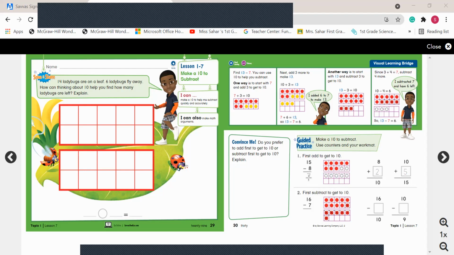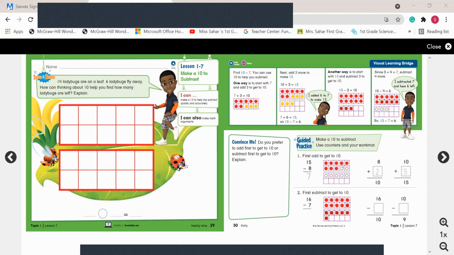15 take away 8. So what we're going to do, you're going to make 10. So that's what you have, your 8. And then you're going to add 2, and you made it now 10. So now you have 10 frames. And how many left? 1, 2, 3, 4, 5. So we have 5 more.